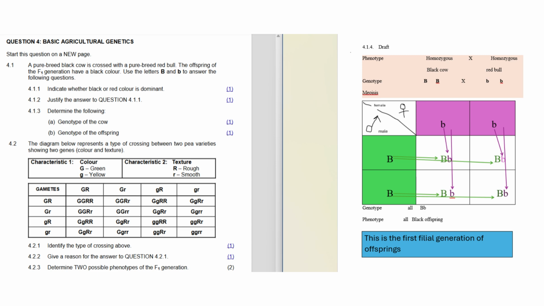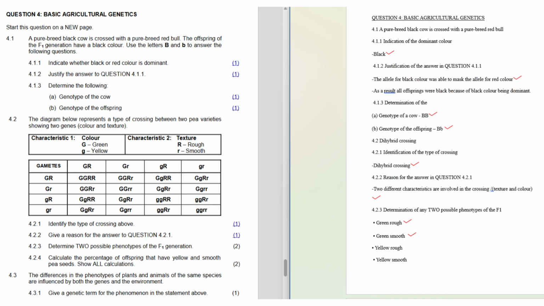The genotype is heterozygous Bb, and the phenotype is all black.